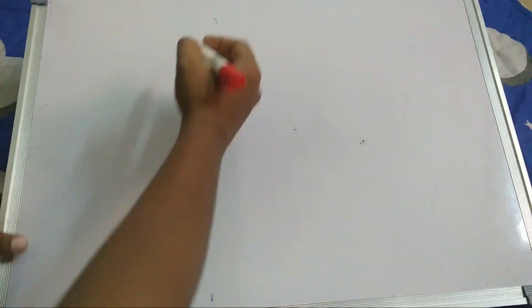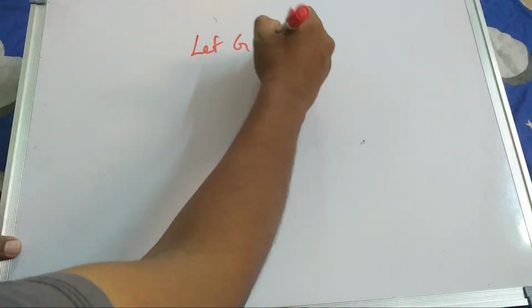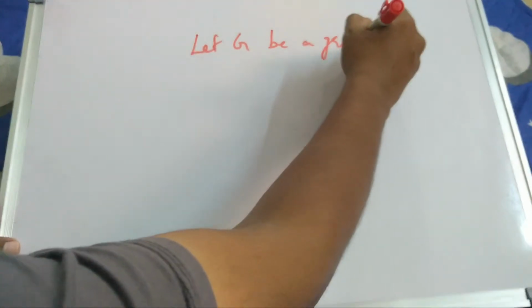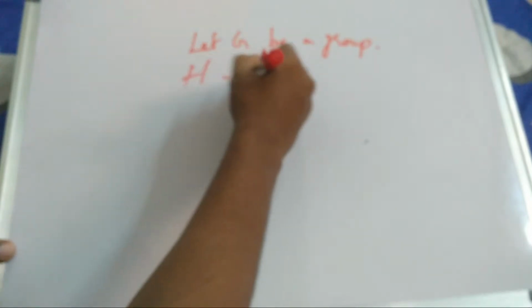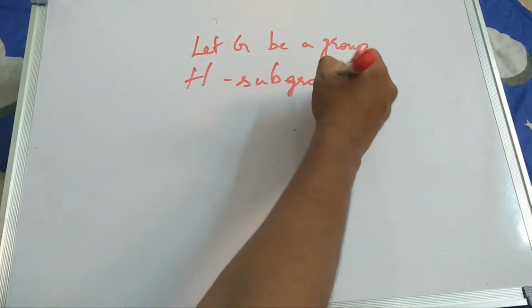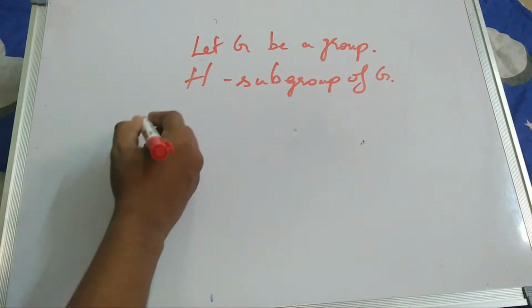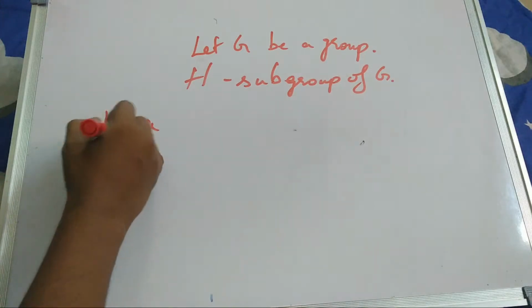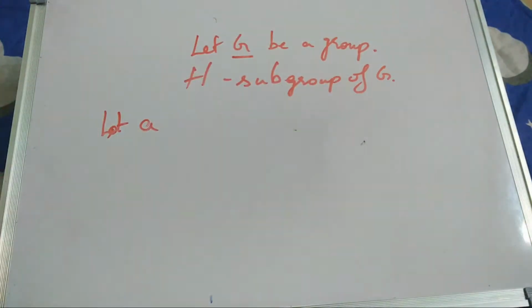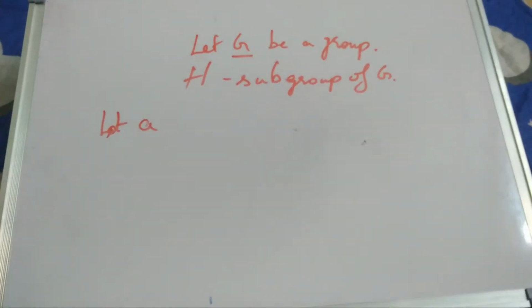So now let G be a group, H a subgroup of G. On the set G we are going to define an equivalence relation.